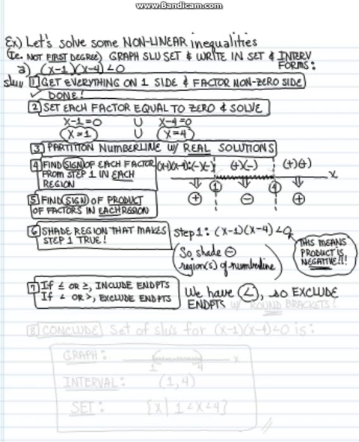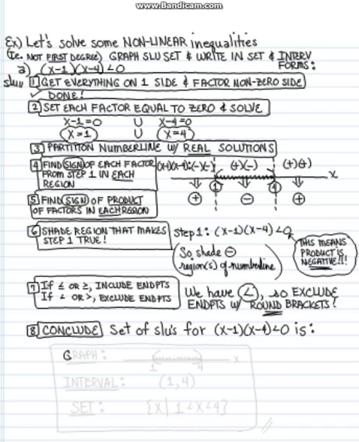So we go back up to the number line where we have the graph, and put a round bracket on 1 and a round bracket on 4, indicating that we're excluding these endpoints. Step 8, conclude. The set of solutions for the given problem, (x minus 1)(x minus 4) less than 0, is, and then we just write the graph, the interval notation, and the set notation.